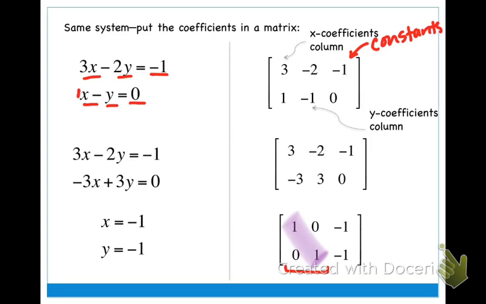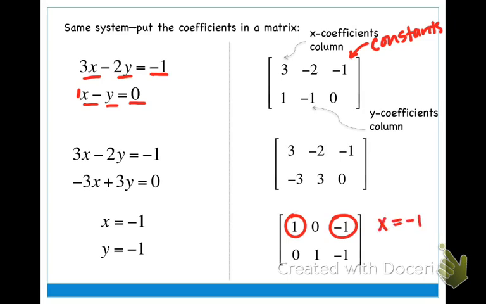And then we have that constants column on the right hand side, and that's where we're going to pull our answers from. So we get that our answers are negative 1 and negative 1, because the 1 in that first spot is in the x column, so this is saying that x equals negative 1.